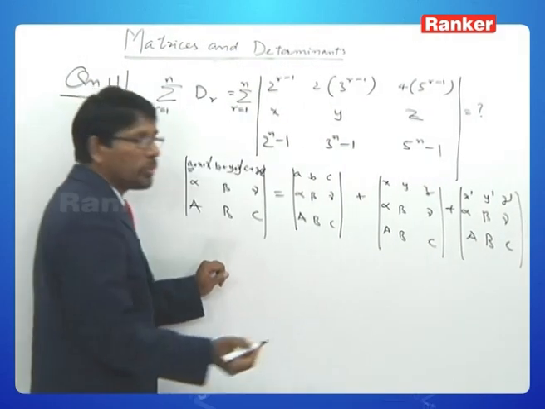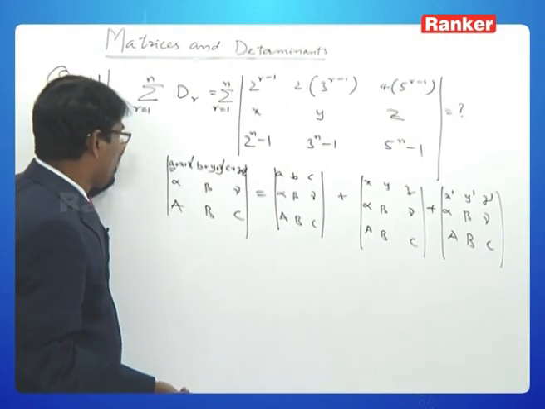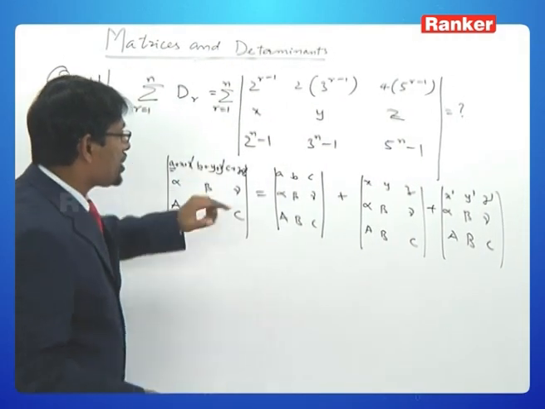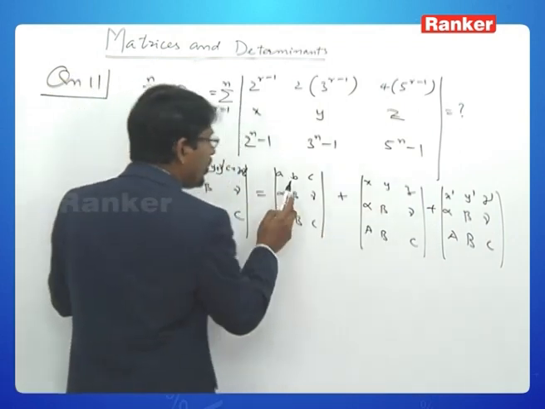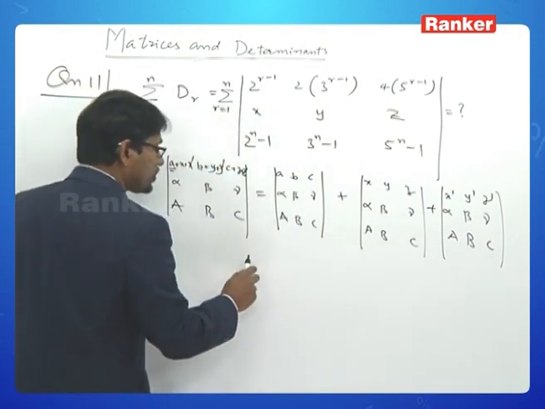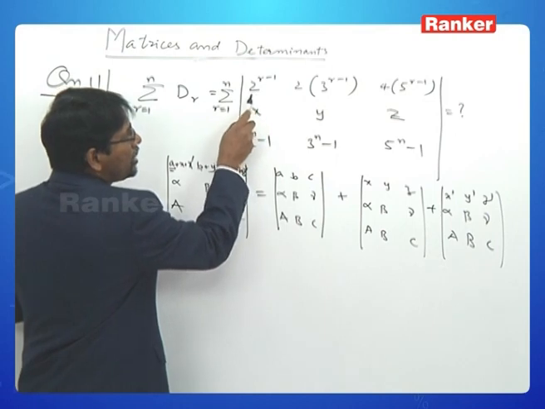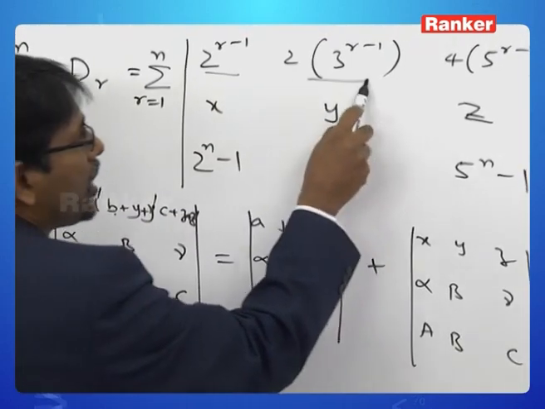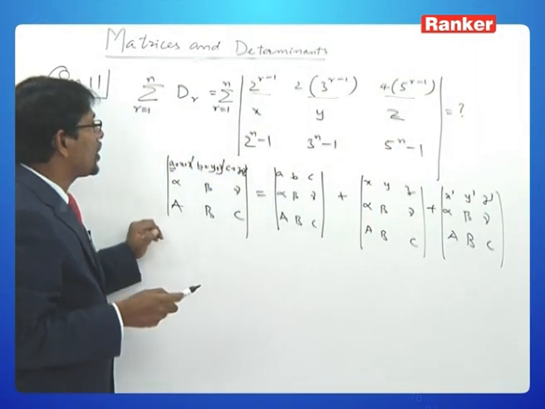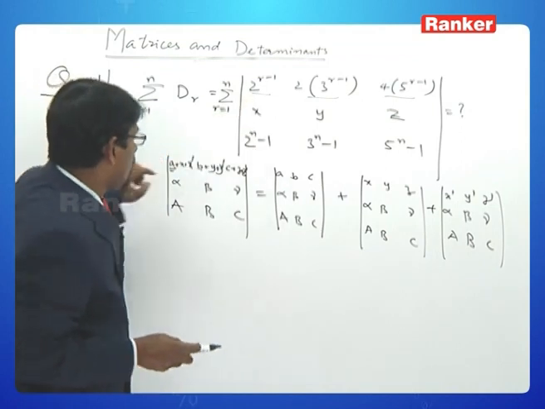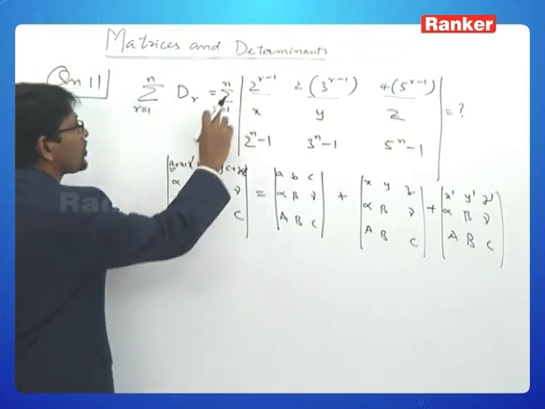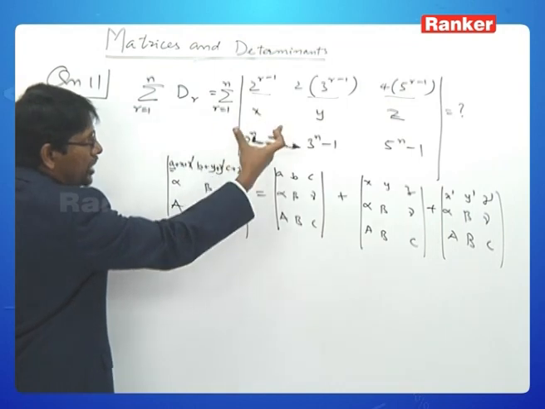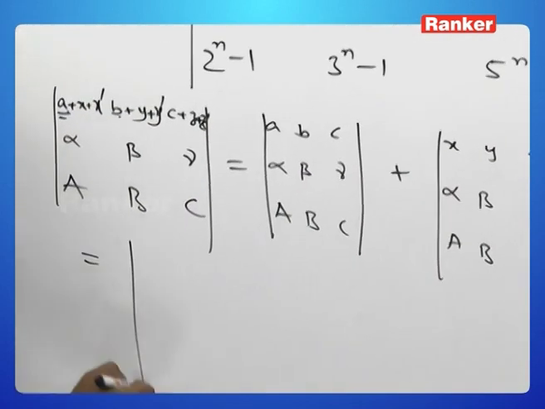So this can be carried over for any number of determinants. Now let's look at it this way. In this determinant only this row is a variable row, so the summation of these determinants can be viewed as a summation in one particular row.